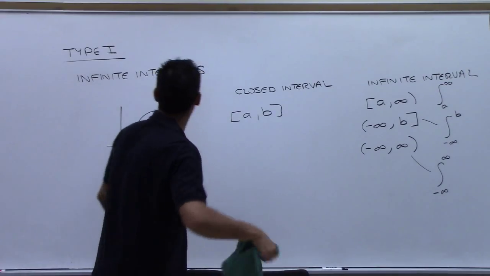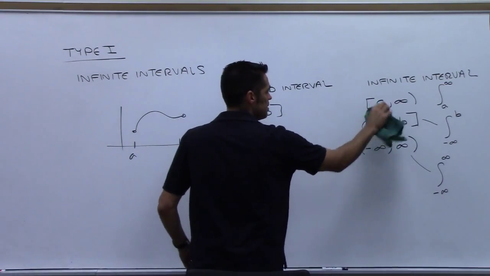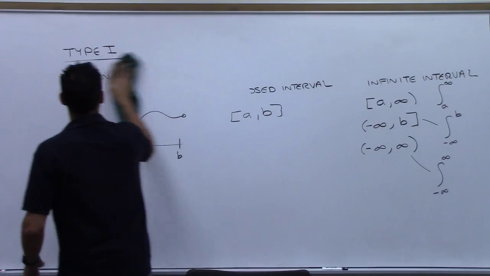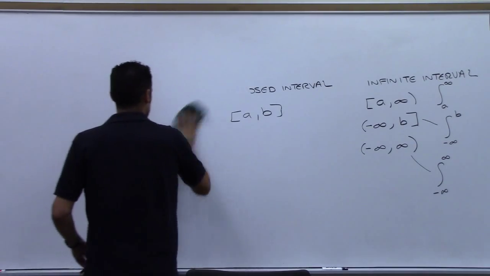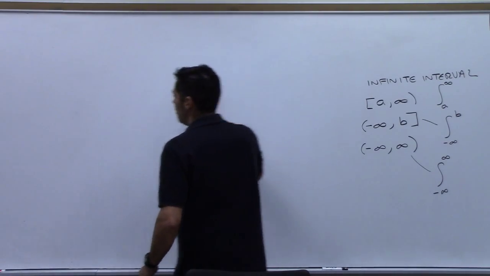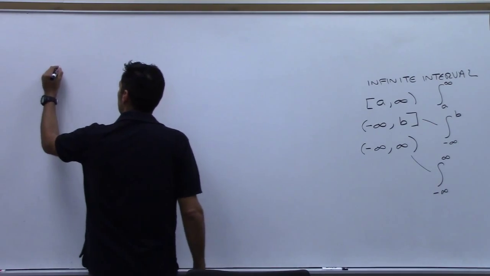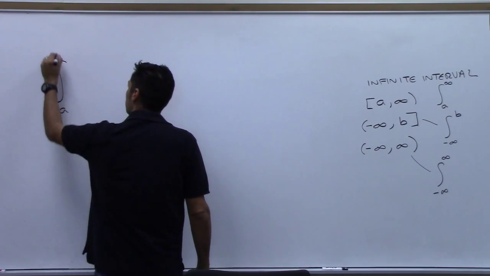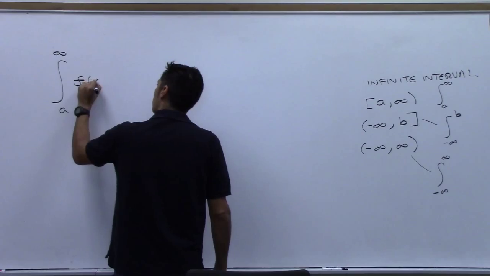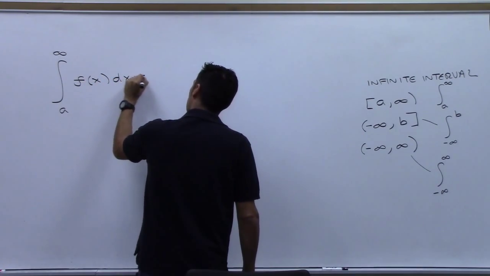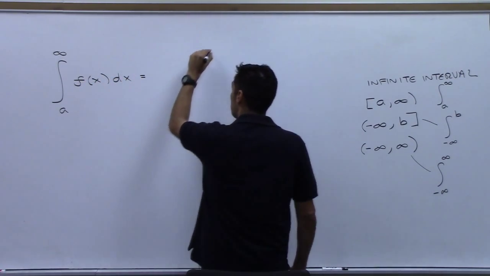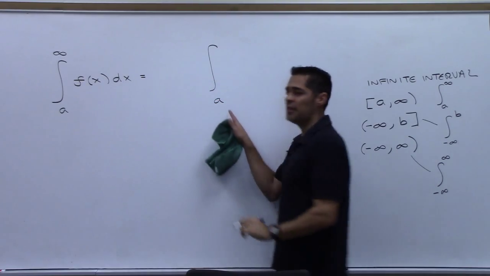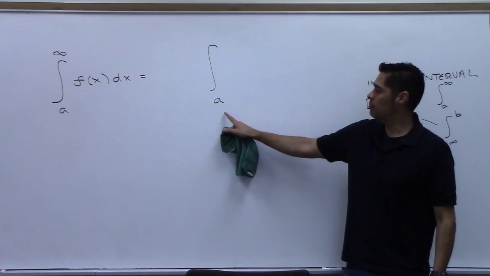So here's the definition. We're going to start with the first type, which would be this interval A to infinity. By definition, the integral from A to infinity of some function f of x dx will be equal to, what we do is since A is fixed, we don't change it. We just leave it alone.